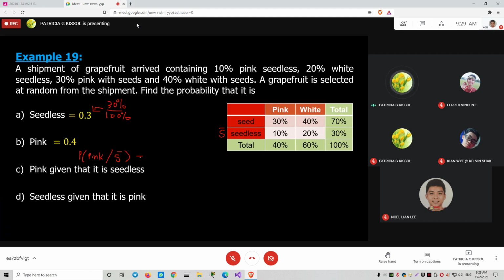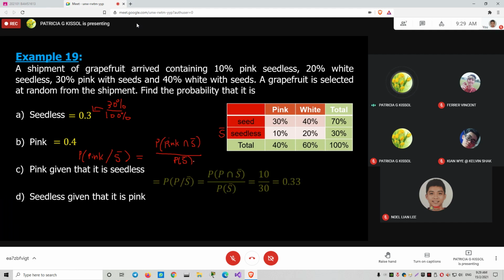Based on what we have learned, the probability of pink given seedless: the numerator is pink intersect seedless over probability of seedless.